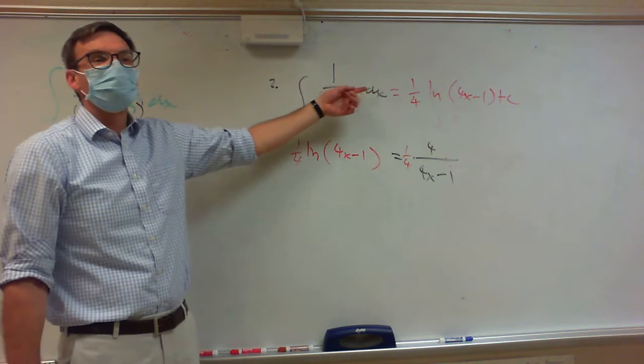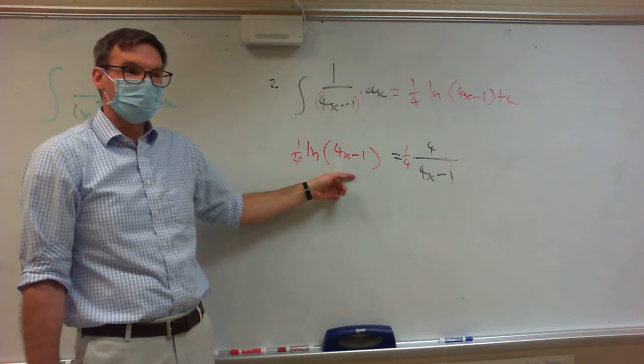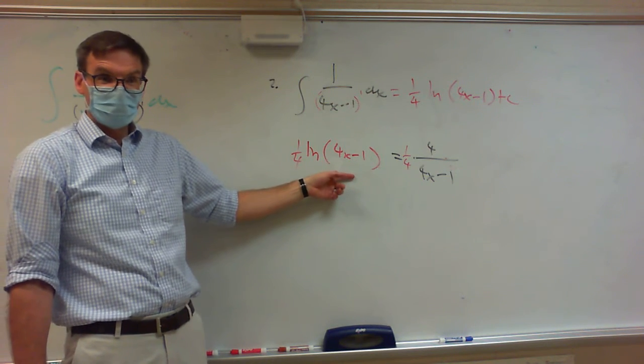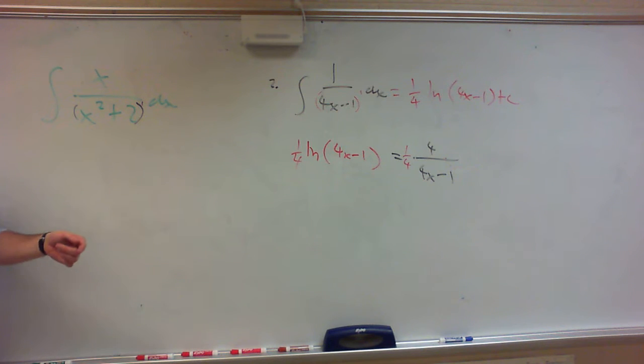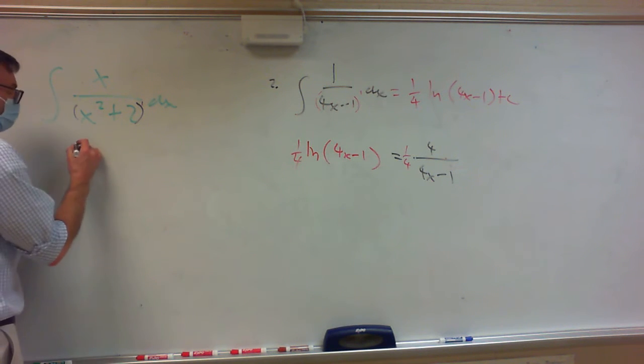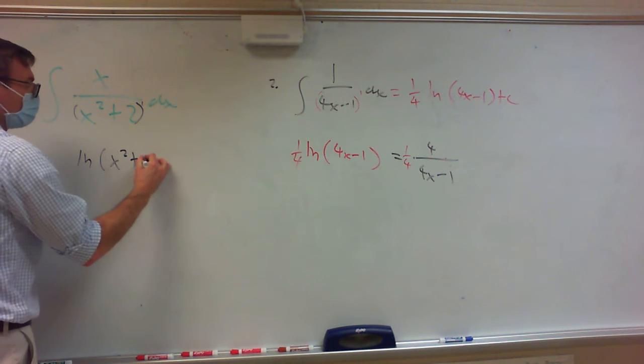What would be a reasonable guess? Notice I see stuff to the first, and so my guess was natural log of stuff. Everybody see that? What's your guess? Say it louder. Natural log of stuff. All right? So everybody write down natural log of x squared plus 2.